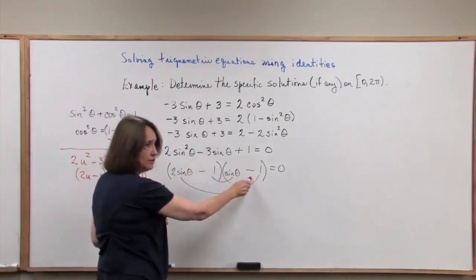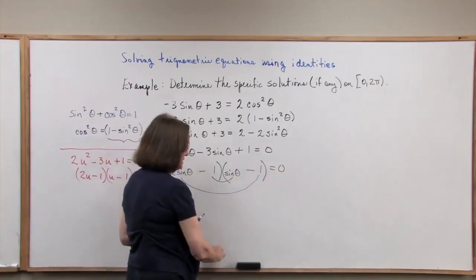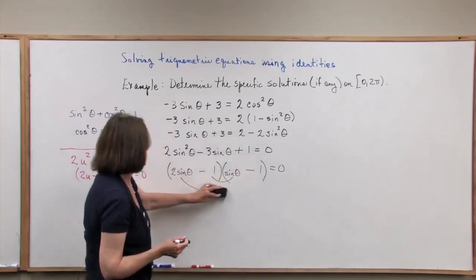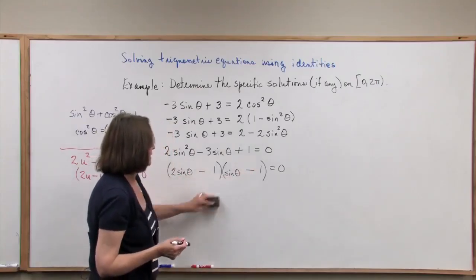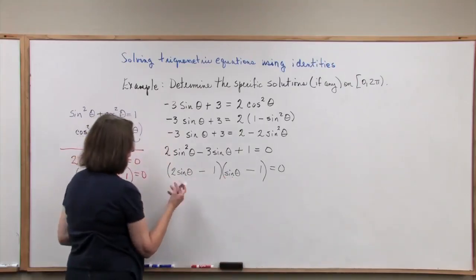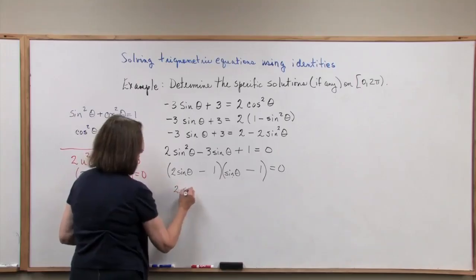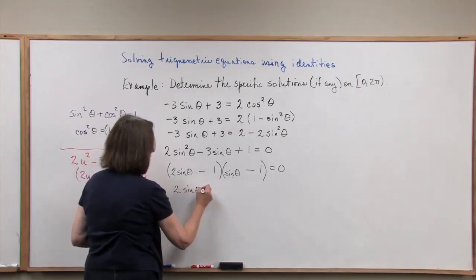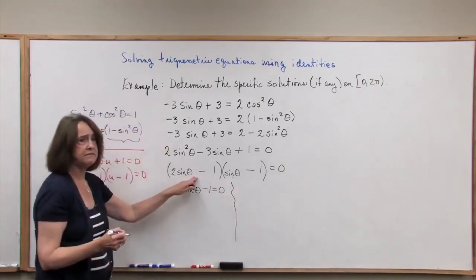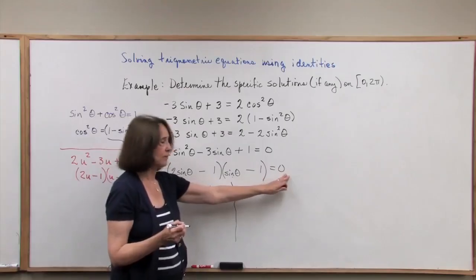Once we have our two factors set equal to 0, all we have to do, let's erase this, is solve each factor separately. 2 sine theta minus 1 equals 0. Set that factor equal to 0.